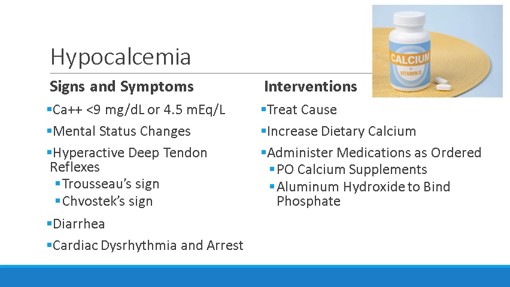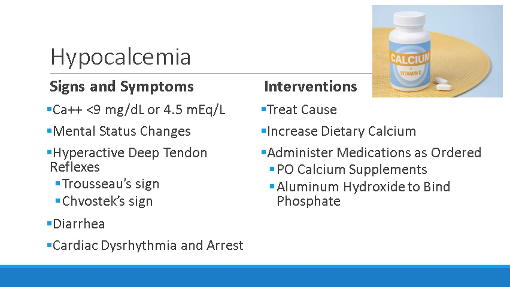Interventions, as far as nursing interventions, really important that we treat the cause. So if somebody's not been able to take their calcium supplements, or if they're not eating a diet that's high in calcium, things like that. So increasing dietary calcium, administering medications as ordered. So PO calcium supplements, aluminum hydroxide, which helps bind to phosphate.